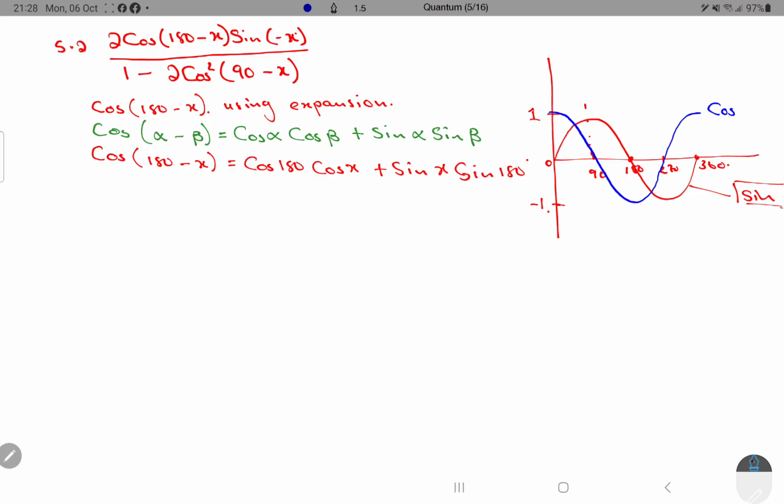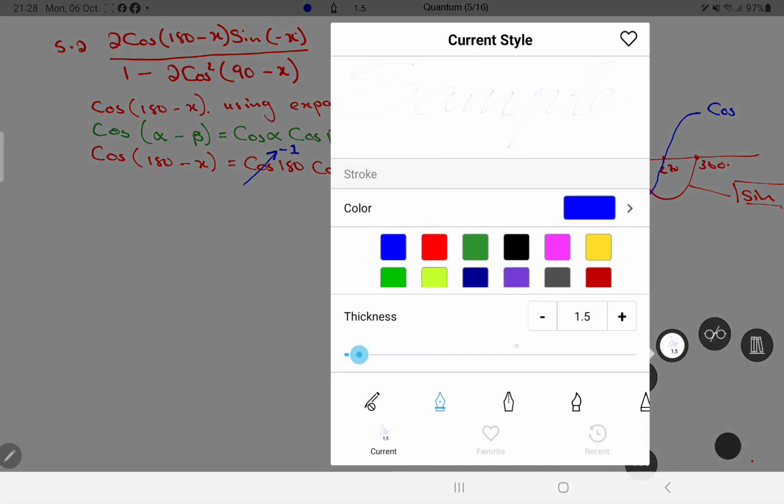Now, if you look at cos 180, the blue, it's going to go to minus 1. And the sine 180 is going to 0. So what do we have at the end?